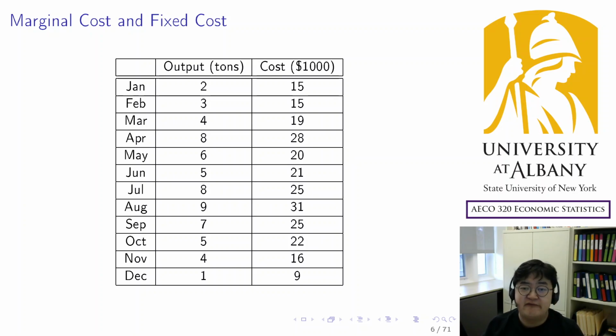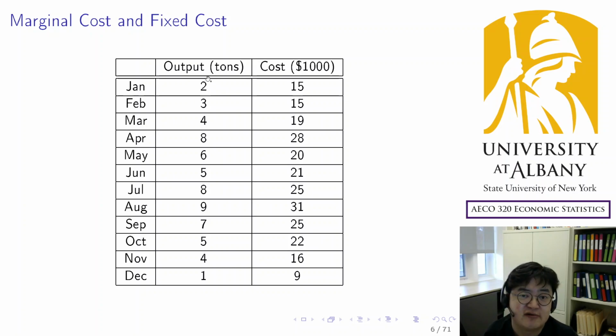Suppose that you have a factory. Say, what do you make? Tons of smartphones. In each month, you produce, say, 2 tons of semiconductors, and it costs like $15,000.